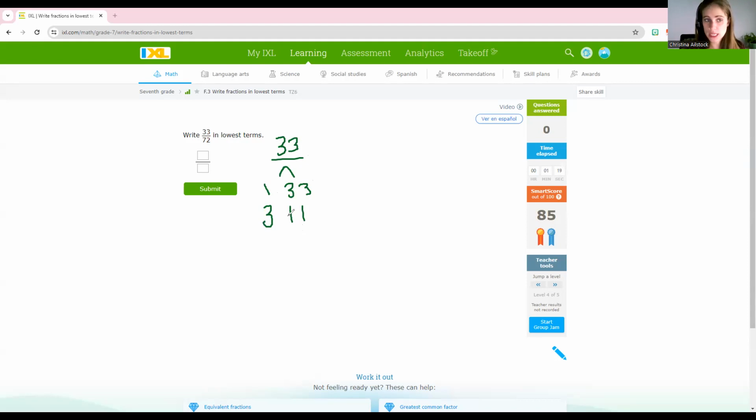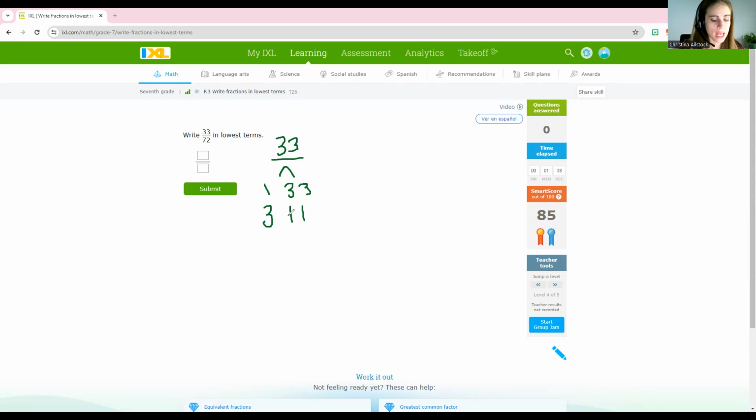Well, you can use your calculator to think backwards. If I want to know what times what is equal to 33, we can do division. So if I take 33 and divide it by 3 in my calculator, I get 11. So that tells me that 3 times 11 is 33.